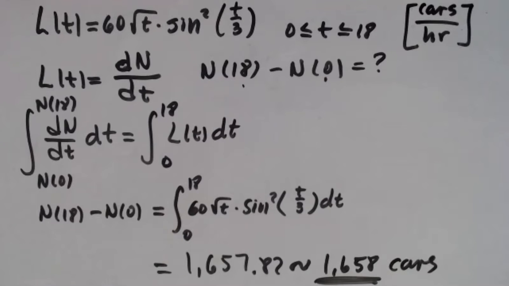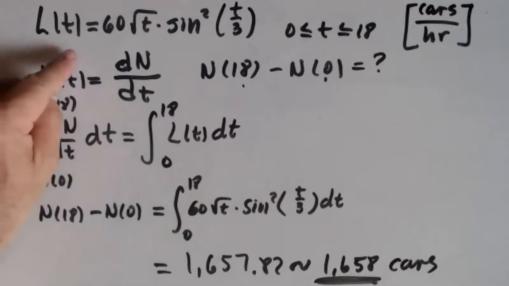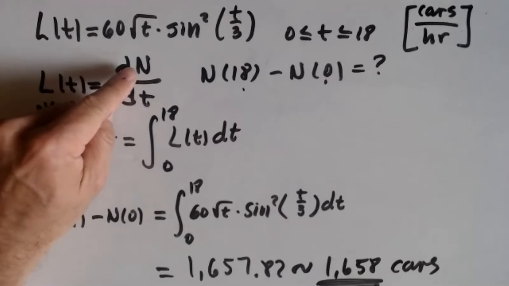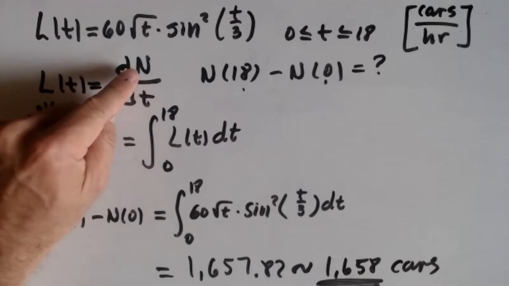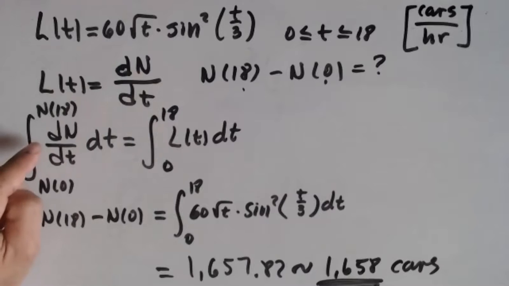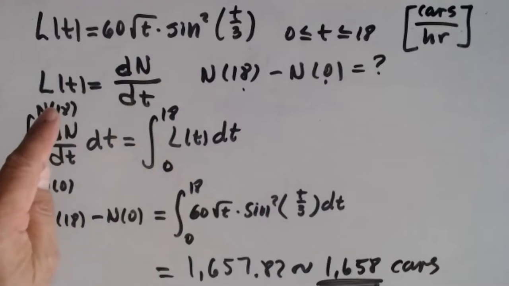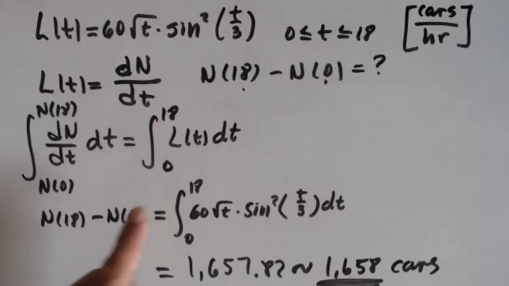Questions here? You see the same procedure. This L is the derivative of something. I need values of this function that is under the derivative. I use the integral to cancel the derivative. So I have to integrate this function. And depending on the value, this is from 0 to 18 in this interval of time, I integrate from 0 to 18.